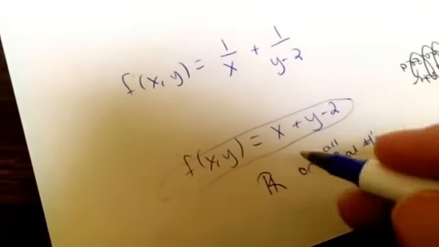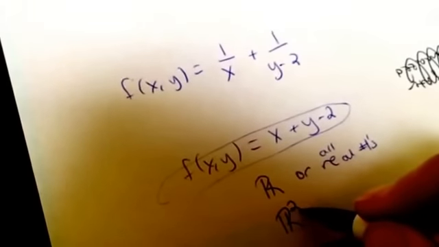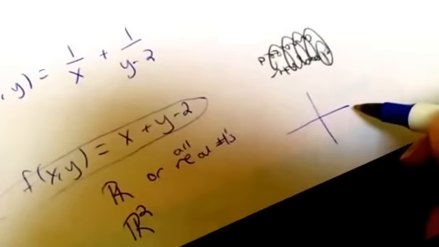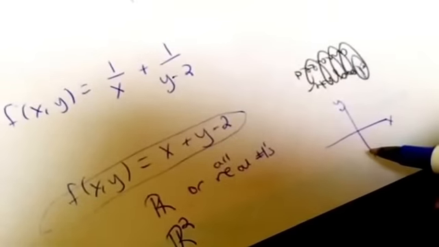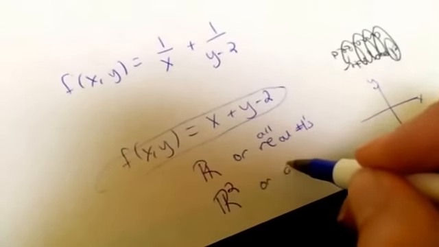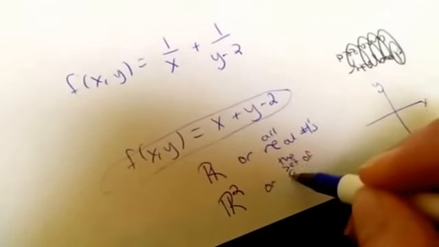So what you could do is write R squared, which is all real numbers by all real numbers. So it makes all real numbers on the x, all real numbers on the y, and so it makes the two-dimensional xy plane.